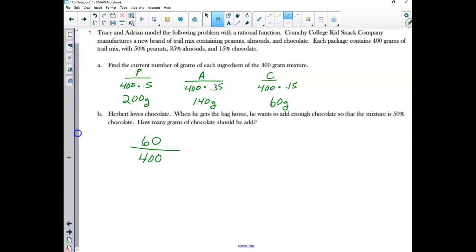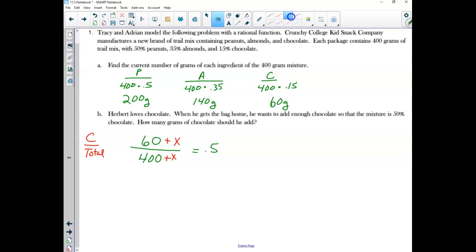So he's going to add X amount of chocolate, and just think about this. This ratio is going to be chocolate over total. So if he adds 10 grams of chocolate, he's going to have to add 10 grams to the entire trail mix bag, right? So then he'd have 410 grams. Well, as he's adding his chocolate, he wants this whole mixture to equal 50% chocolate.